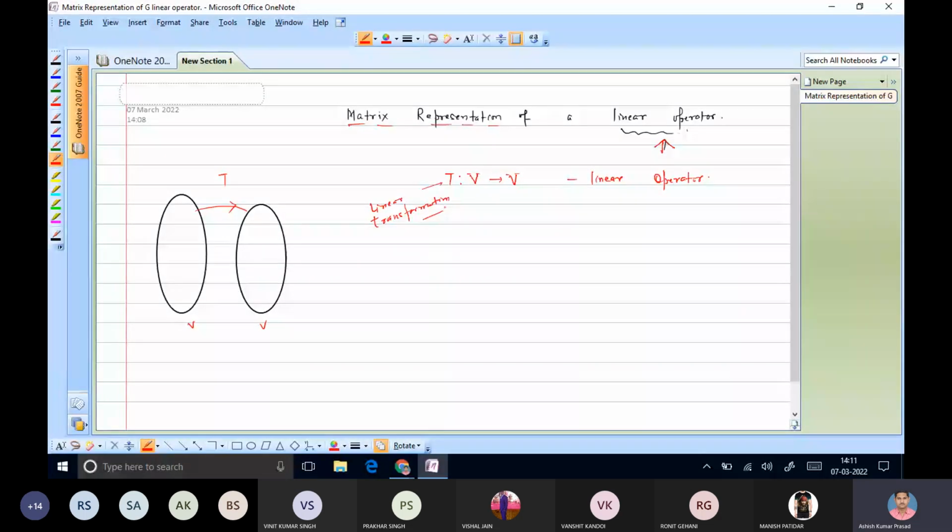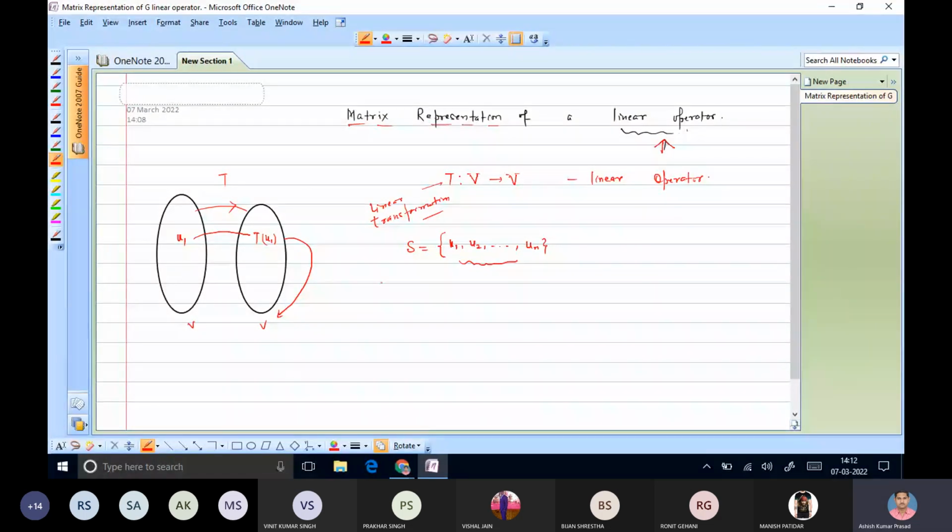So now let us take one basis. Suppose my basis elements are U1, U2, in this way up to UN. This is a basis of V. Let us denote the basis by S. So now if I take U1, then its image under T is TU1, and because my codomain is V, I can write TU1 as a linear combination of U1, U2 up to UN, right?